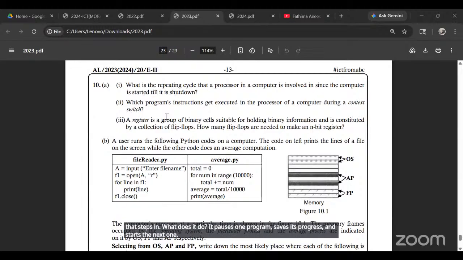This is why the instructions being executed during that switch belong to the operating system kernel. So remember the theory part of the kernel as well. There are no alternative answers because the operating system is the one that does it, right?